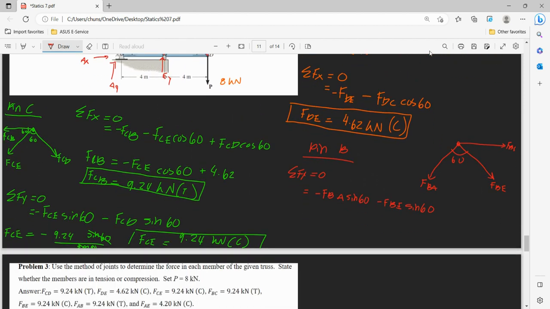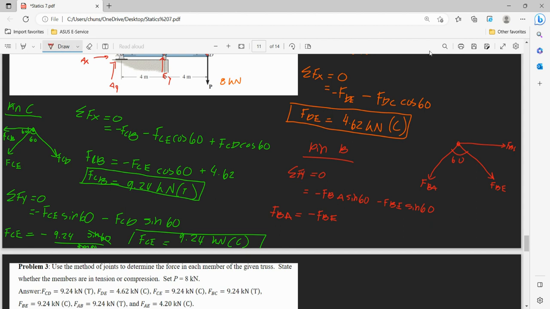So we don't know these values yet, so FBA is equal to negative FBE, because our sine 60s cancel out. So let's work with our y then. Oh, sorry, I said I was going to do x first. Or was that y? No, that is y.